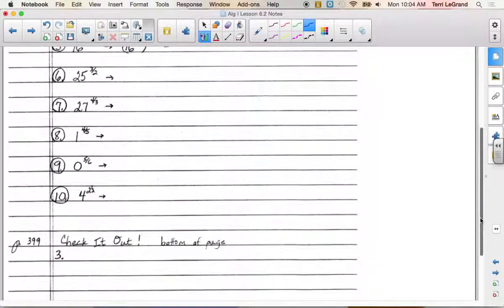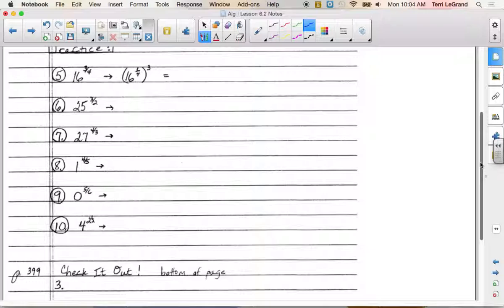16 to the 3/4 power. Notice I already broke the first one apart for us. It is the same as 16 to the 1/4 power raised to the 3rd power. Okay, so what they're asking us for here is the 4th root of 16, aren't they? So they're saying, what times itself 4 times equals 16?